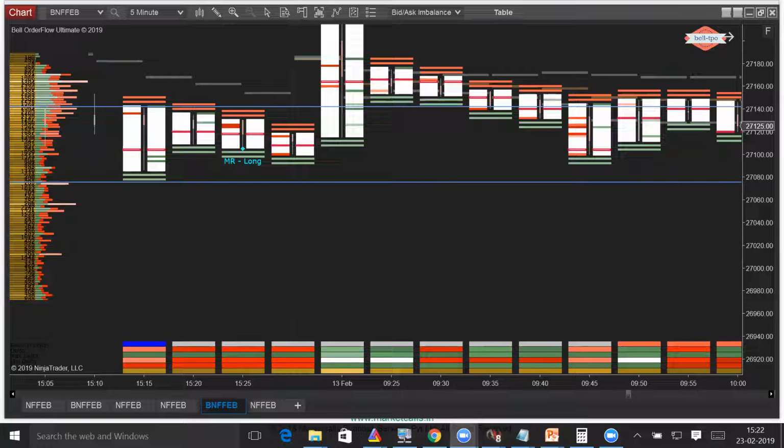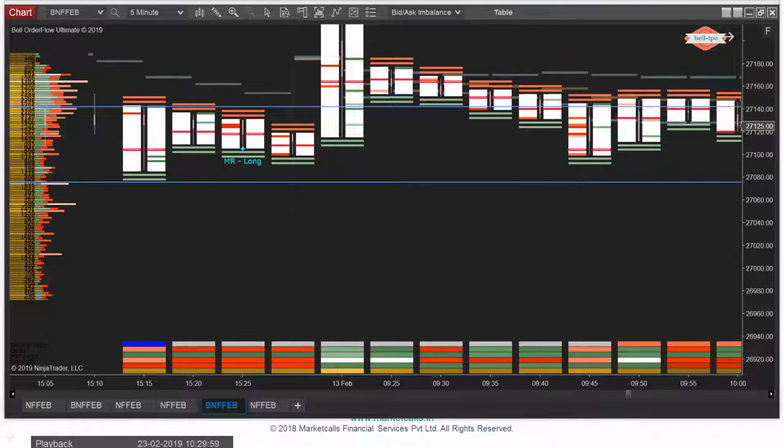Let me open the whiteboard. Okay, so let's say this is my day's range. In many cases, you can find these kinds of MR patterns.